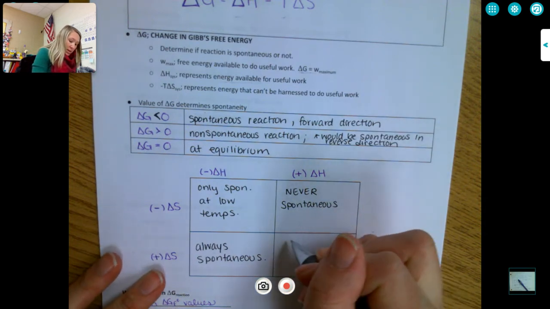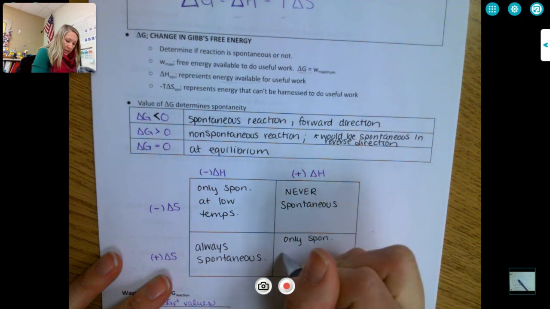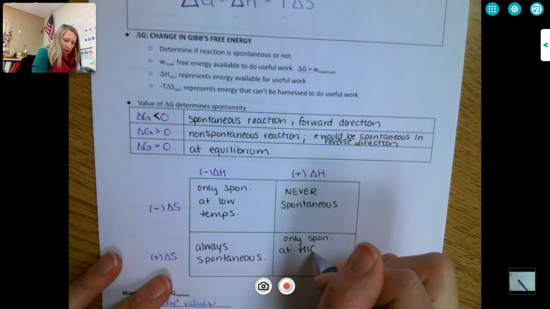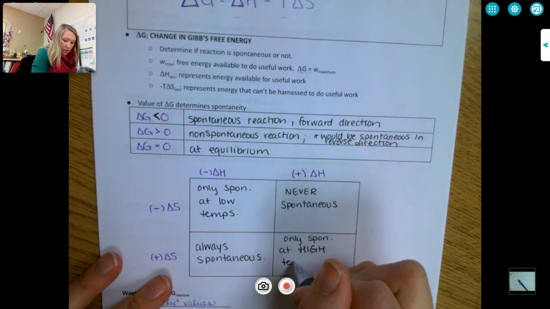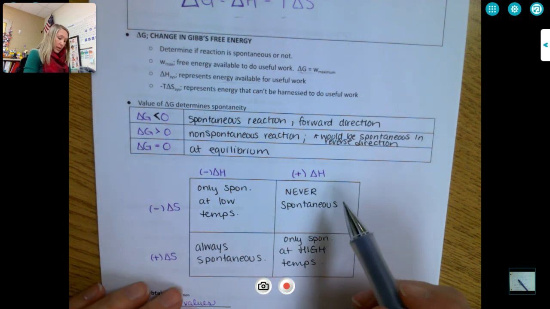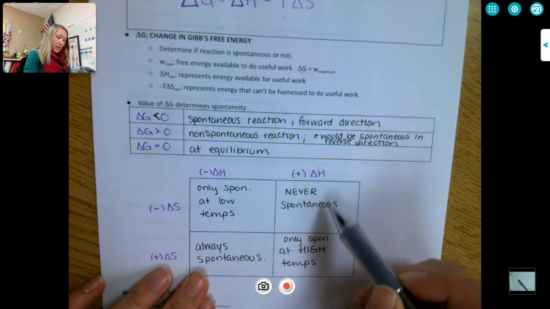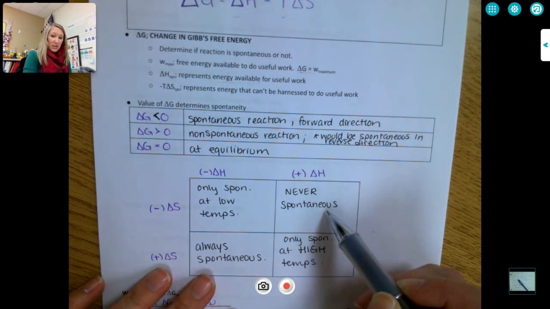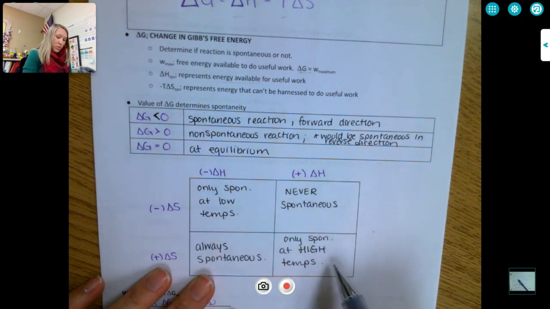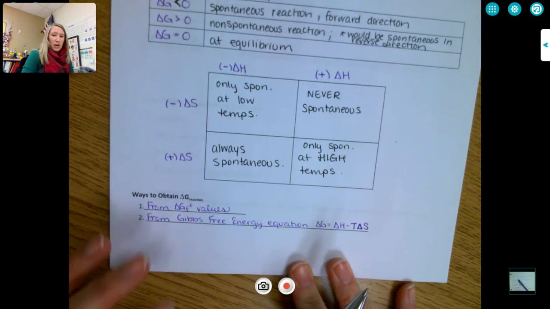So these are only spontaneous at high temperatures. Okay. So if I have negative and positive, always spontaneous, positive and negative, never spontaneous, and then only at low and only at high.